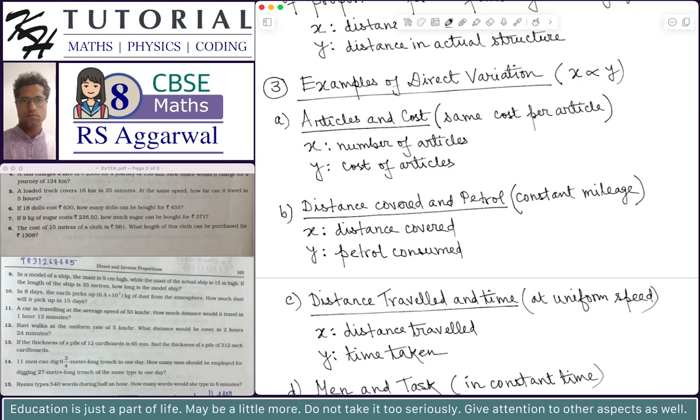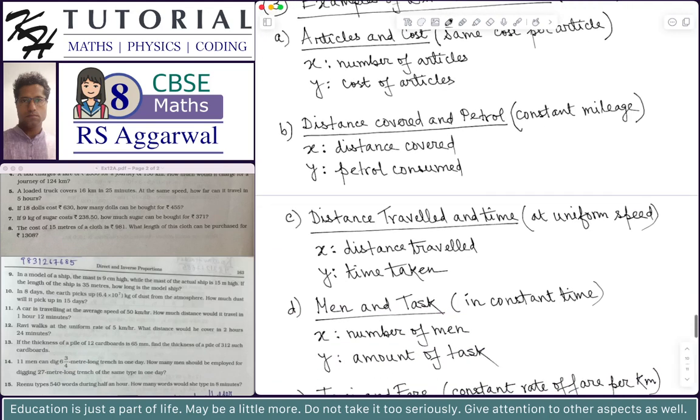So if the mileage is constant, then the distance covered and the petrol consumed are in direct variation. So if you consider x as the distance covered in kilometers and y as the petrol consumed in liters, then the quantities x and y will be in direct variation.